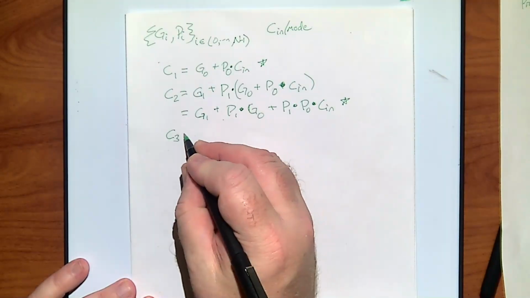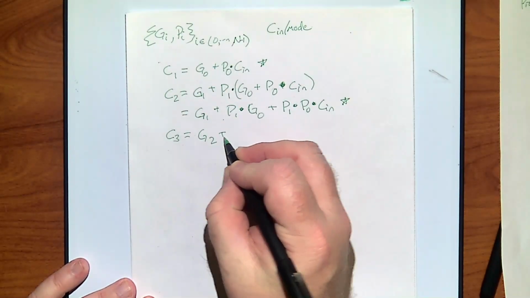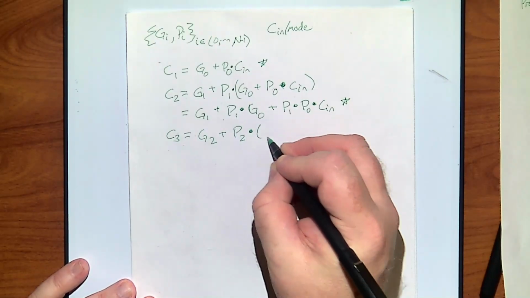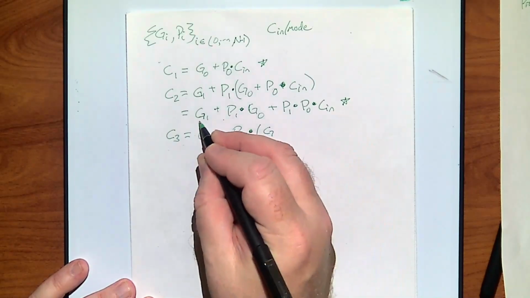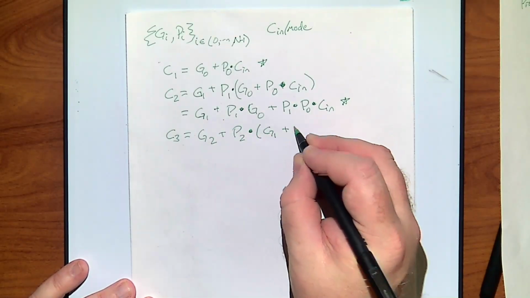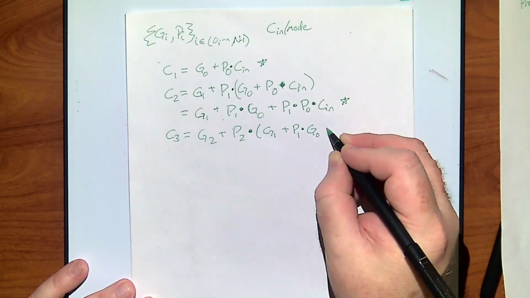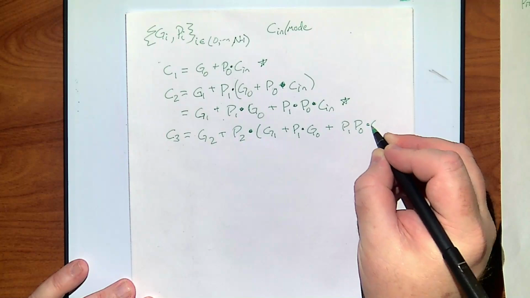All right. So we were doing this last time. We're just going to do it specifically because we want to generalize this. So C3 would be G2 or P2, right? And now I have to write the next one, which would be G1 or P1 and G0 or P1, P0, Cn.